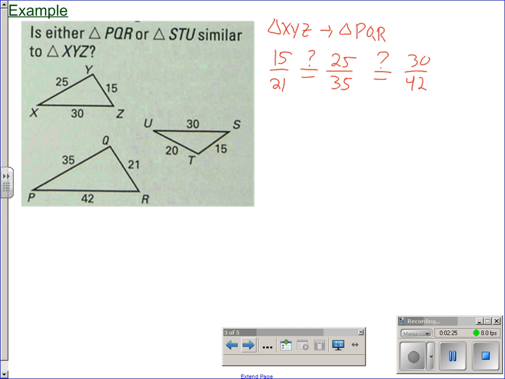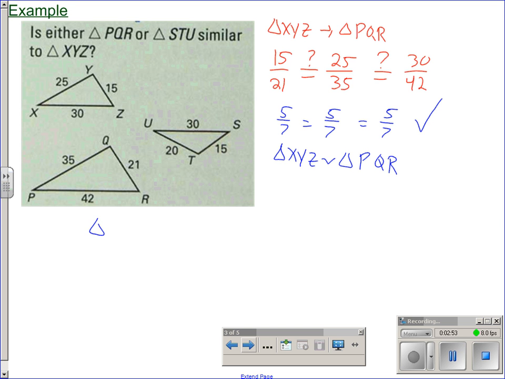Common factor of 3, so we get 5/7. Common factor of 5, 5/7. Common factor of, well, let's see, 6, also 5/7. Those are all equal to each other. So triangle XYZ is similar to triangle PQR.